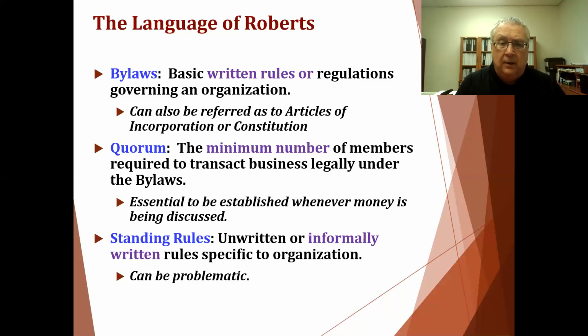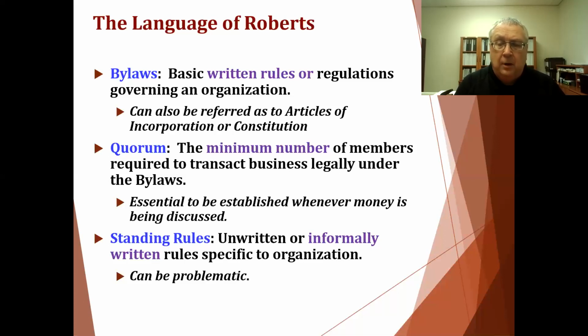Contained within the bylaws probably is the definition of a term called quorum. Quorum is the minimum number of members needed to legally transact business. So let's be clear here. Lots of meetings take place without quorum, and that's just fine. Quorum comes into play, though, whenever there's money involved.